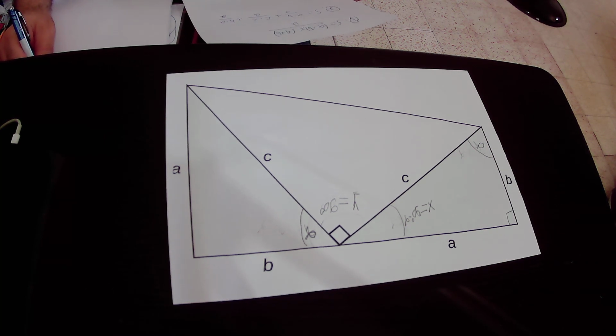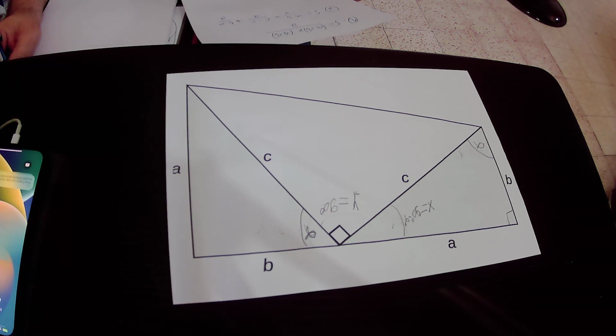So it is A times B divided by 2 plus C times C divided by 2 plus B times A divided by 2.